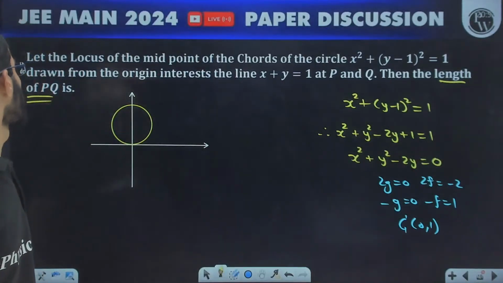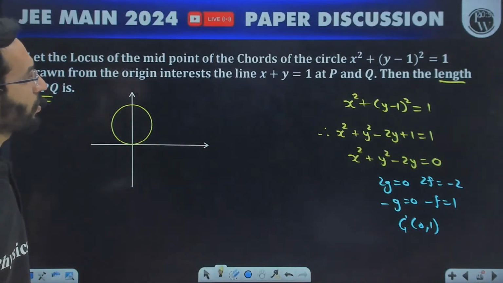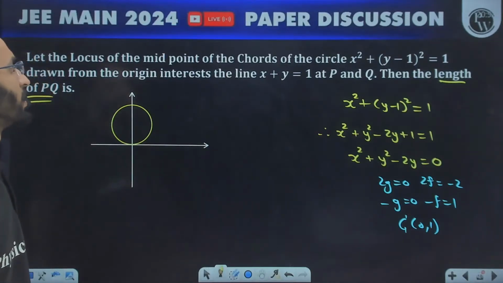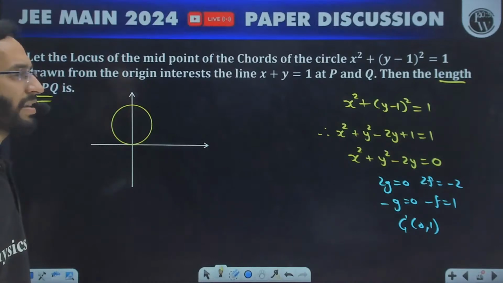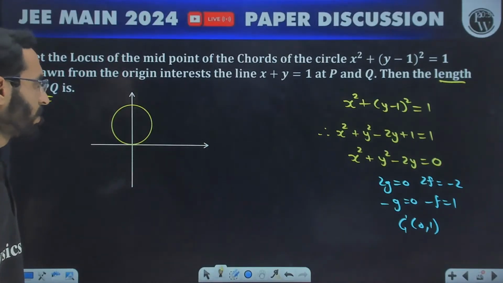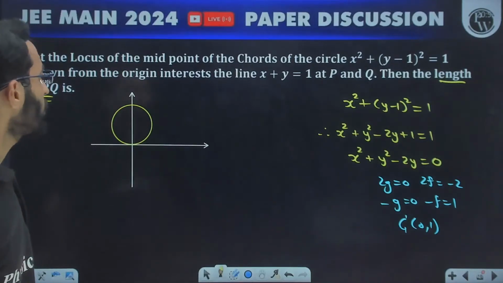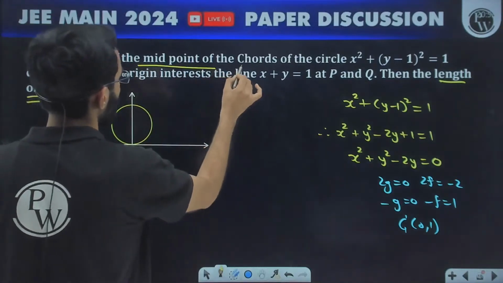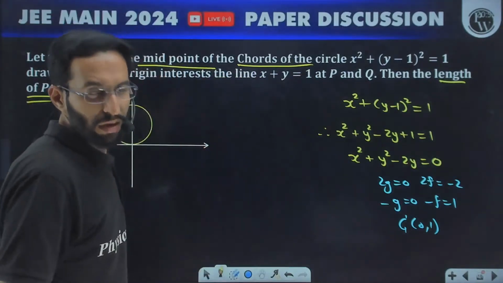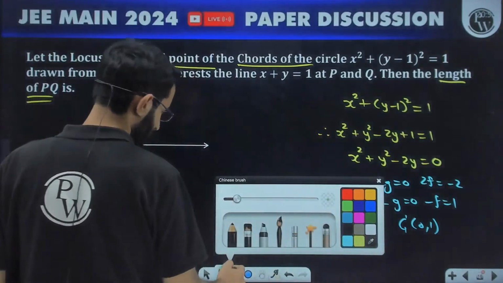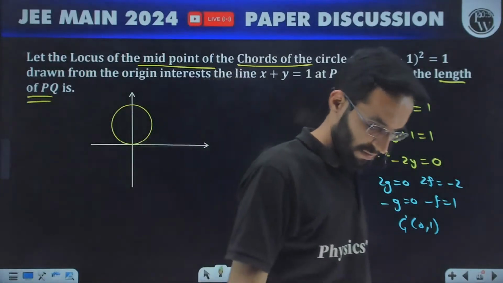Now let the locus of the midpoint of the chords of this circle drawn from the origin intersect the line x plus y equal to 1 at P and Q, then the length of PQ. So very first you need to find the locus of the midpoint of the chords of the circle. To find this locus of midpoint, understand this carefully.